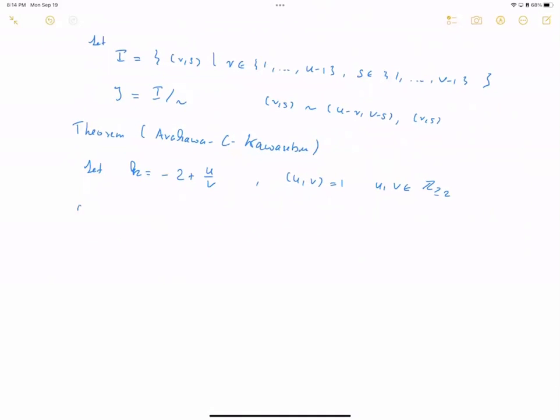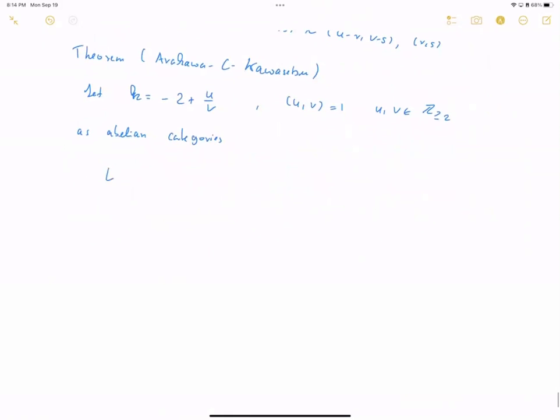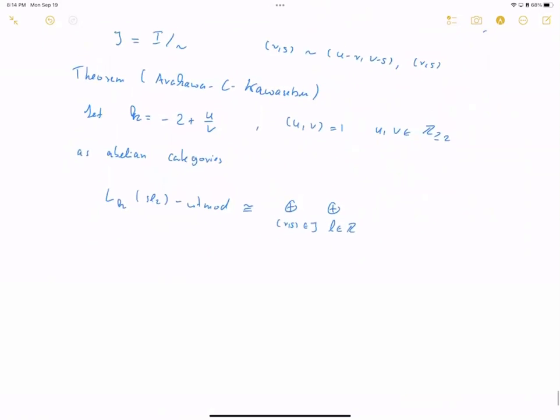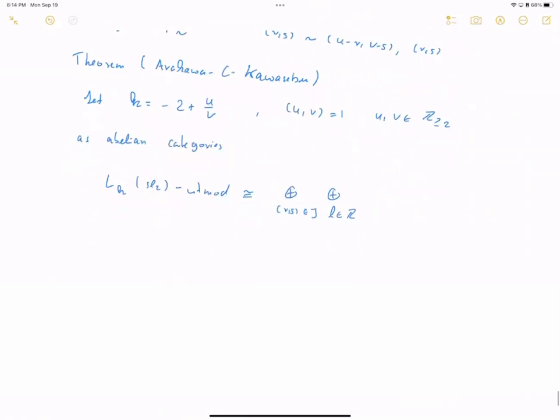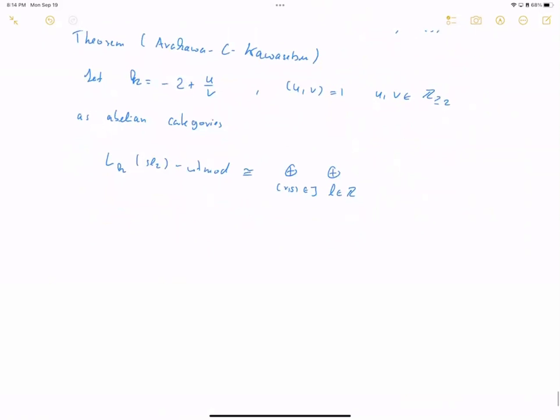So then as abelian categories, one has the following equivalence. The category of weight modules of SL2 at this admissible level decomposes into blocks. It's a huge sum of typical blocks. So here this r and s you can think about as Casimir eigenvalues.